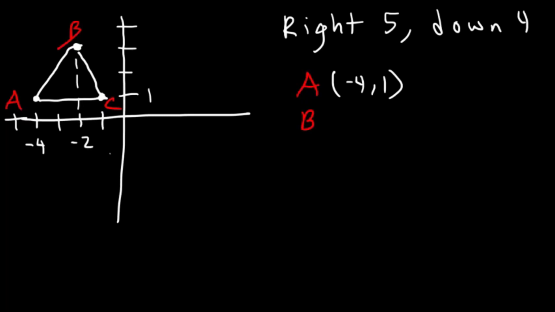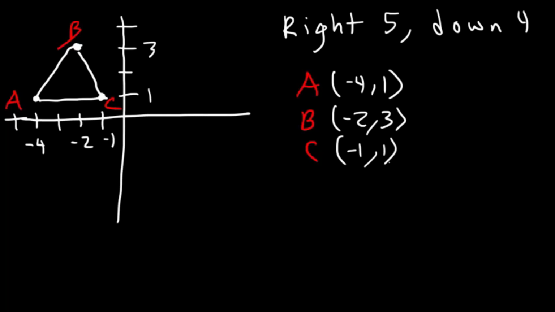I'm going to say it's closer to -2 than -3. And it has a y value of 3. And then point C is located at -1, 1. So that's for the original figure.